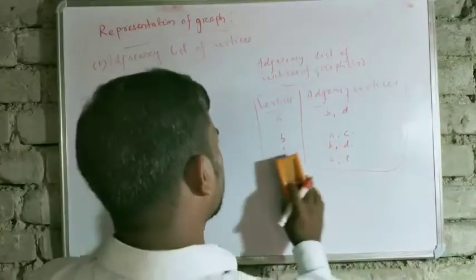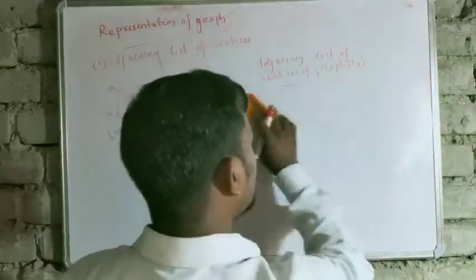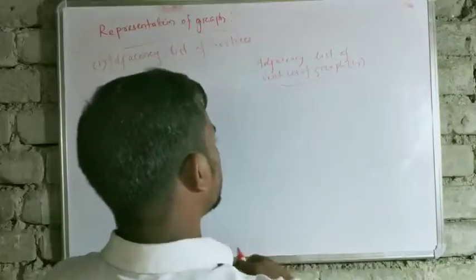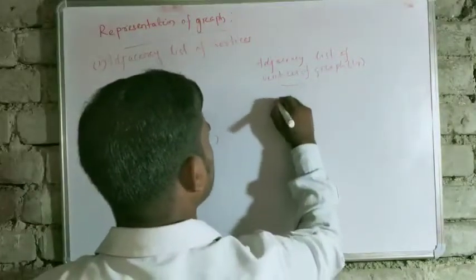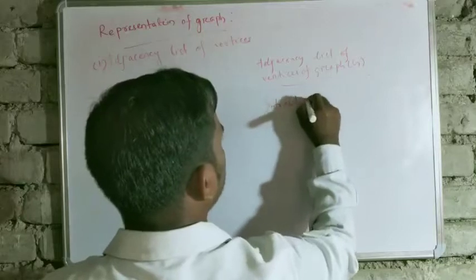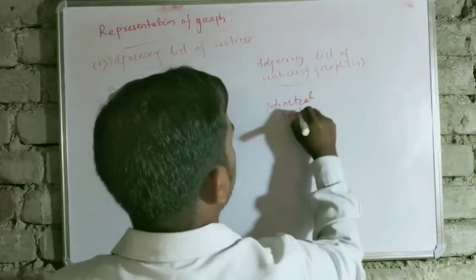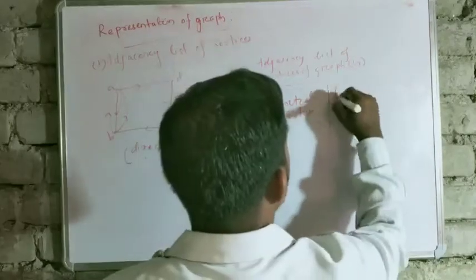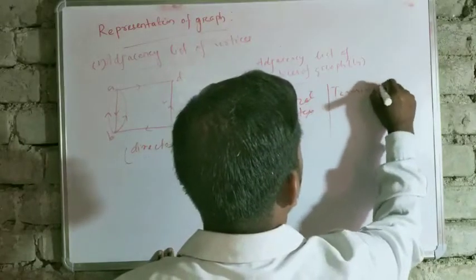Now I am changing this table. This is the same method, and I am changing this table as initial vertex, and this is your terminal vertex.